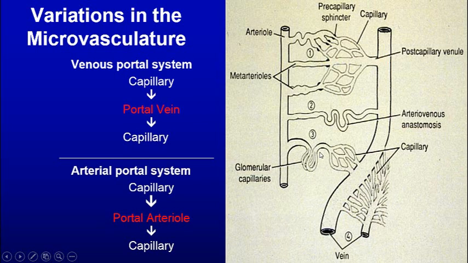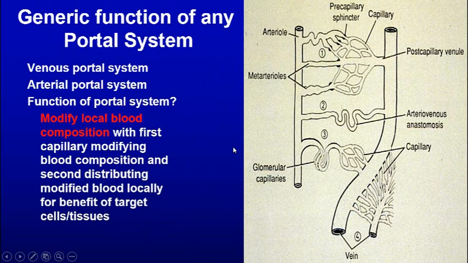And the vessel in between, the so-called portal vessel, is a portal artery, as opposed to other places it may be a portal vein.